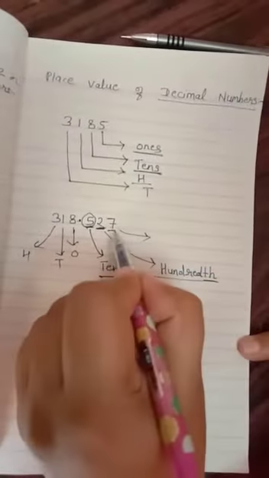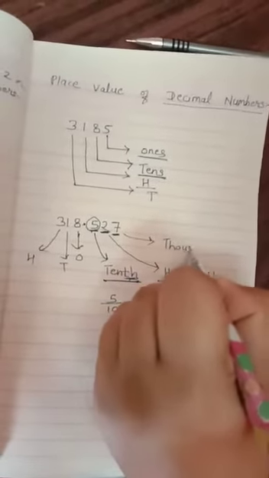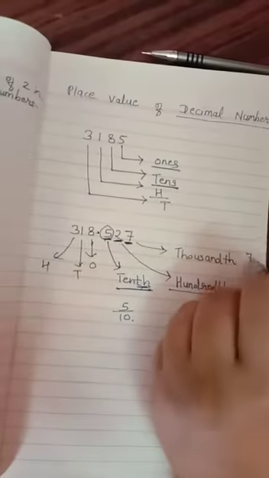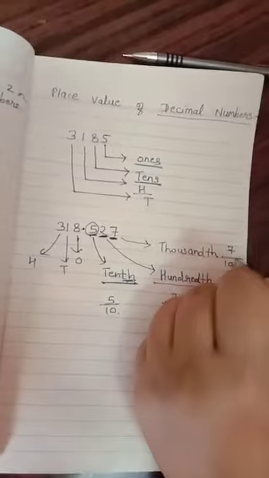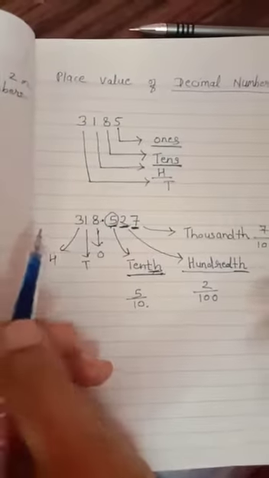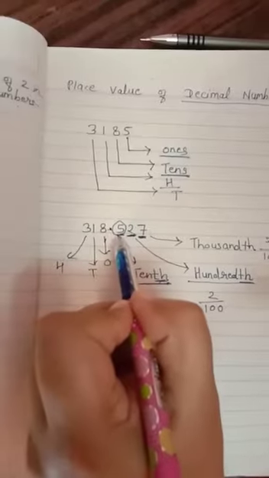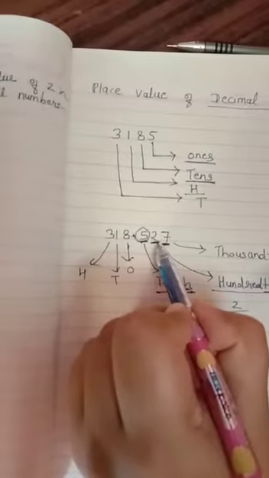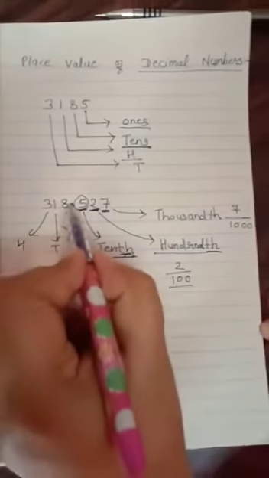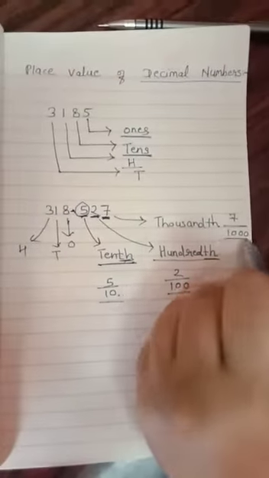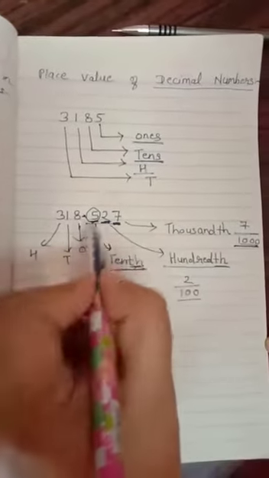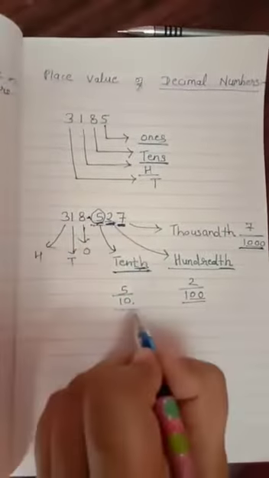Now the next digit is 7, so the place value of this 7 is thousandths. The value of this 7 is 7 upon 1000. In simple language, if after the point only the first digit is there, it means upon 10. If the second digit is there, then upon 100. And if the third digit is there, it means upon 1000.